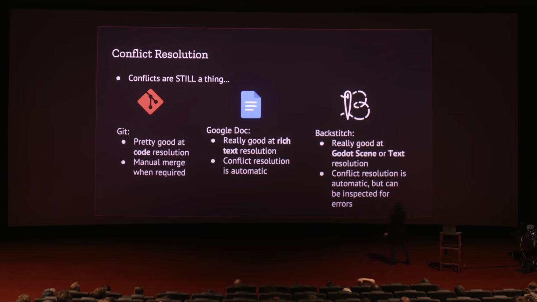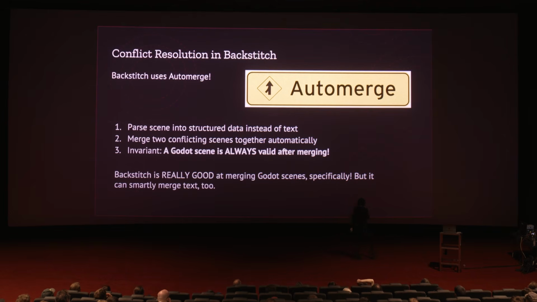And Backstitch has to exist in an in-between state, right? Where conflict resolution is automatic, but it can be inspected for errors. This allows us to have things like branches and merging those branches, and you can see that merge preview state as the interface where we allow users to inspect for errors.